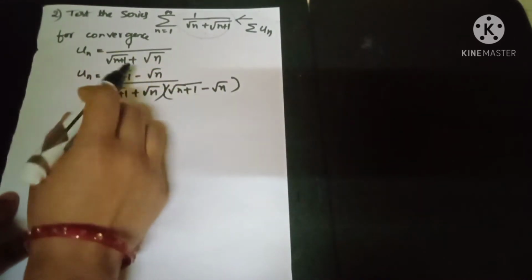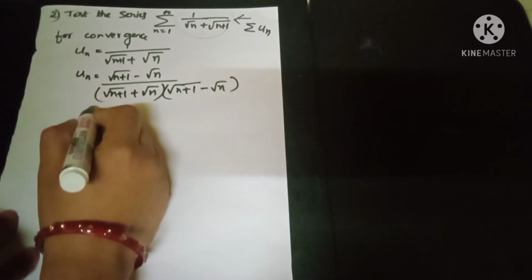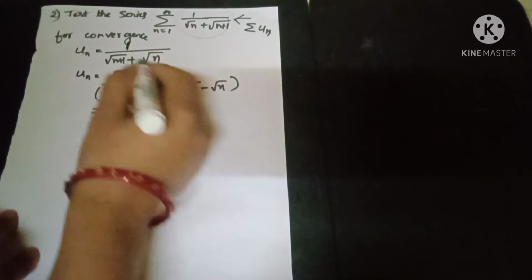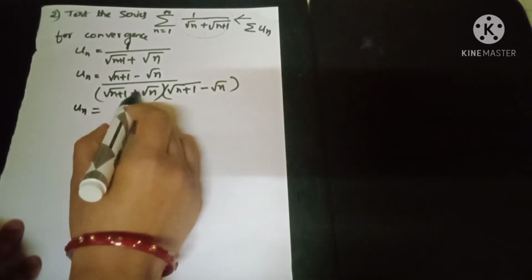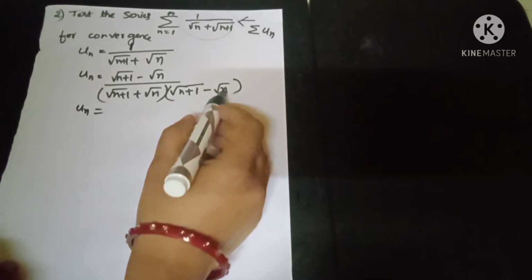So these two terms I will multiply and divide so that they cancel and the same thing comes back, no change in the value. So un will be, a plus b into a minus b is a square minus b square.